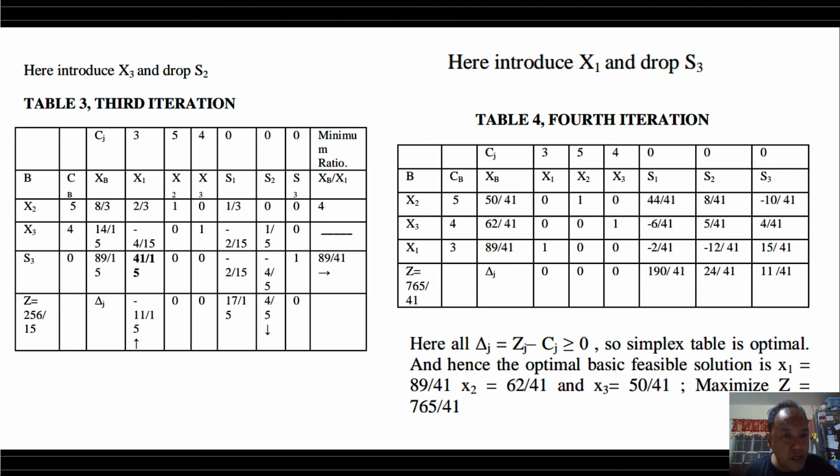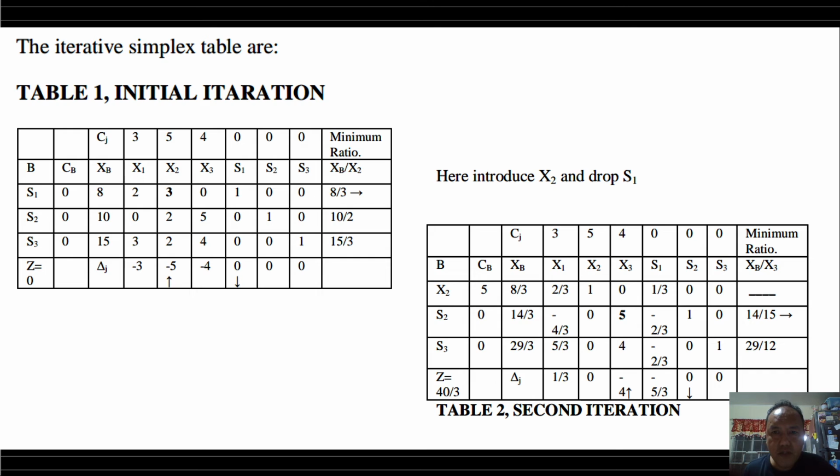The third iteration, again following the same pattern, and up until the fourth iteration by dropping the S2 and S3 and introducing X3 and X1 simultaneously. Now, there is a bit unorthodox substitution, or let's say, inuna niya dito na nag-substitute and drinop is the X2 instead of S1.